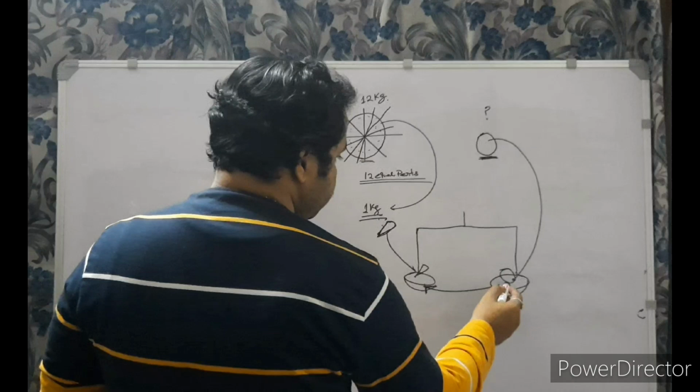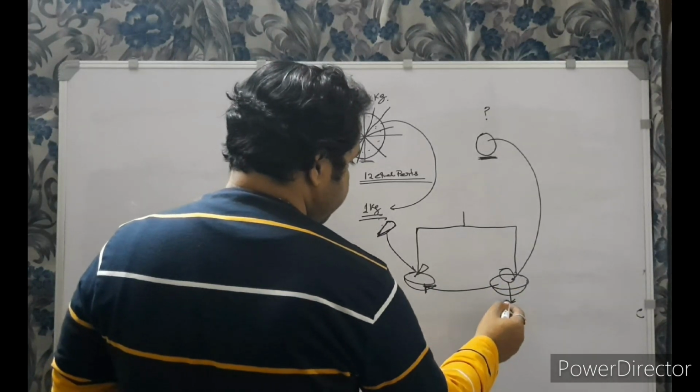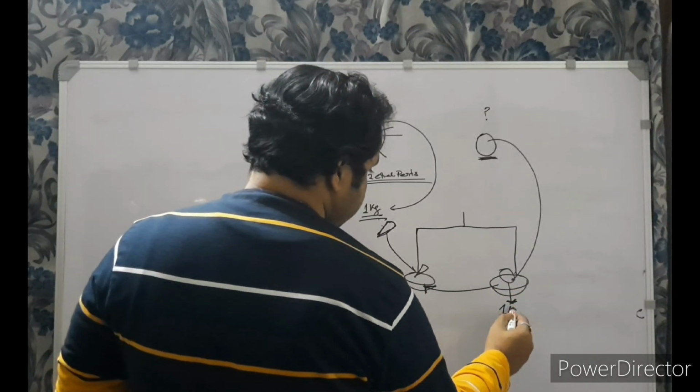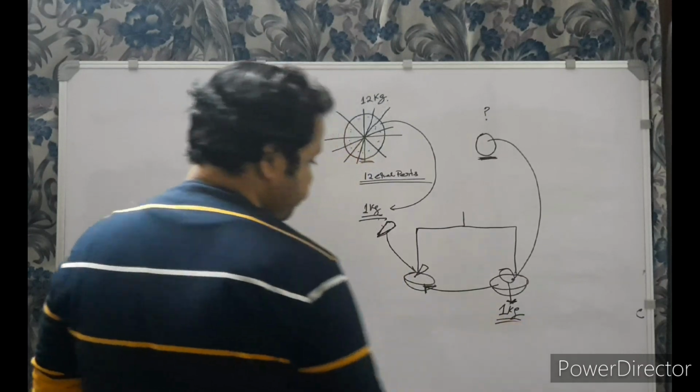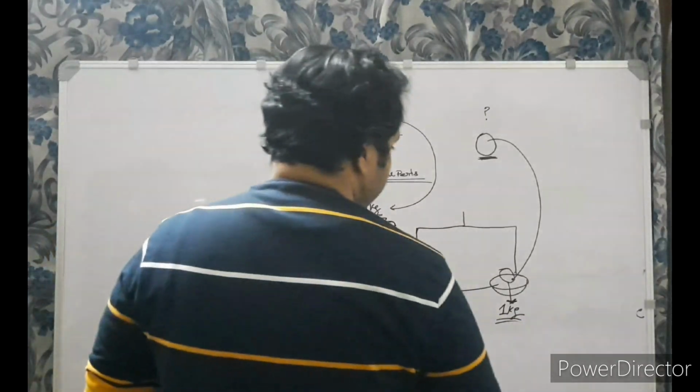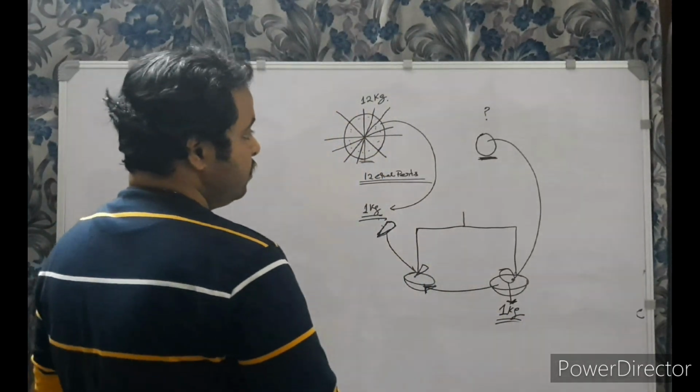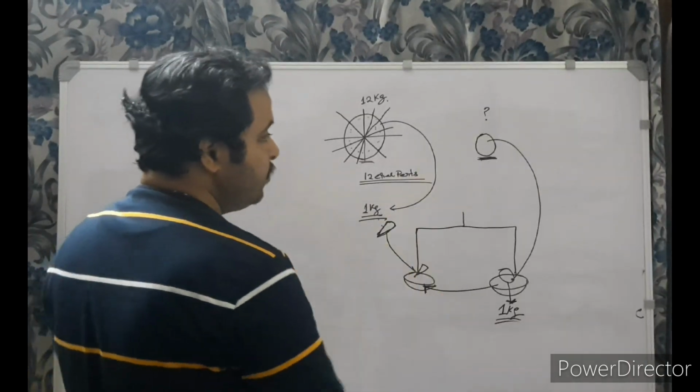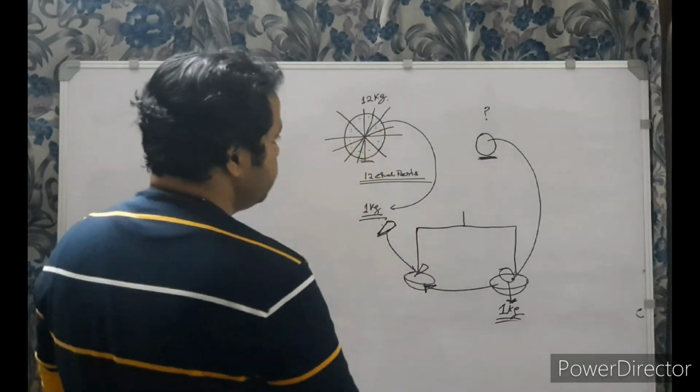So we know now that the mass of this object having unknown mass is 1 kg. So now if we write this, how will we write in terms of this?